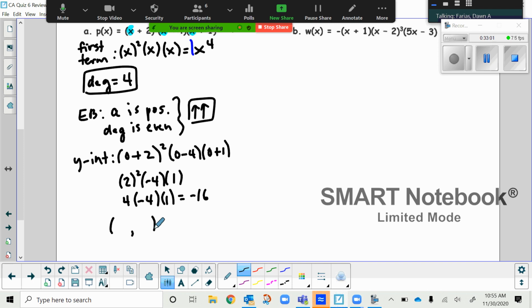Do I write negative 16 first, or do I write 0 first? The first one is for the x value. Which goes here for x, 0 or negative 16? 0, thank you. So that is my y-intercept.